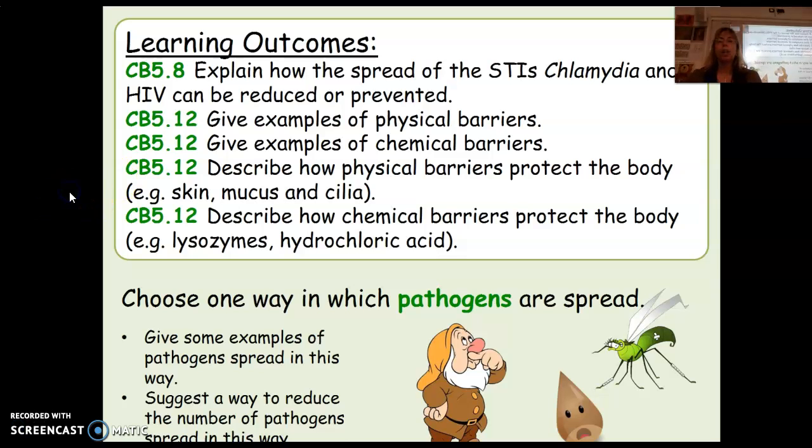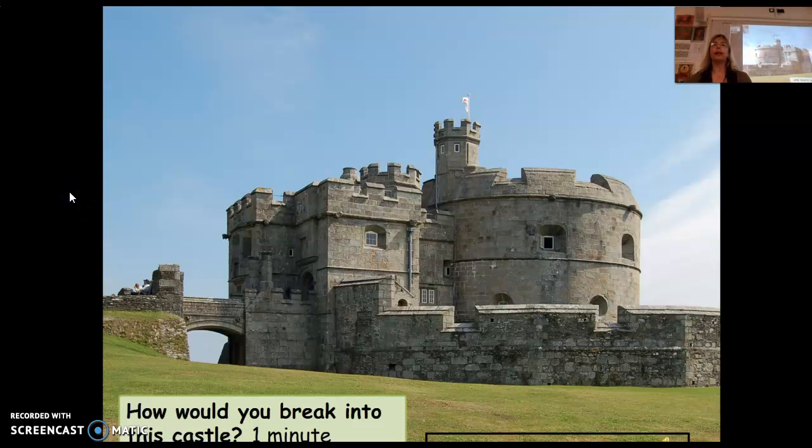Okay, so to start off with, on the board, we've got an image of a castle. And I'm sure that from your history lessons, you would be able to devise many, many ways of getting into the castle. There might even be some places that you recognize as being weaknesses within the structure that will allow you to get in.